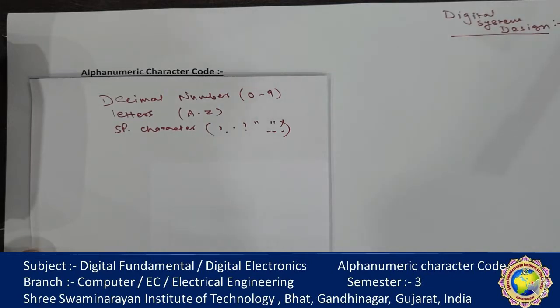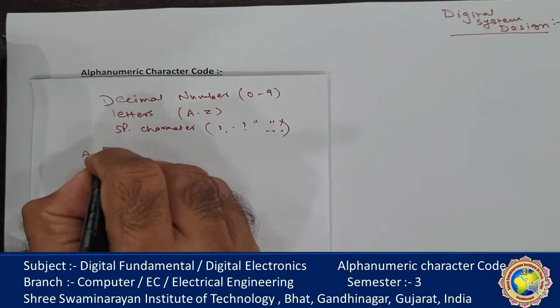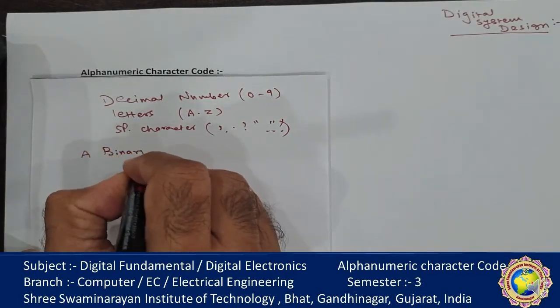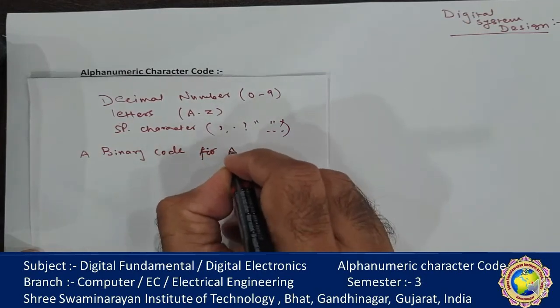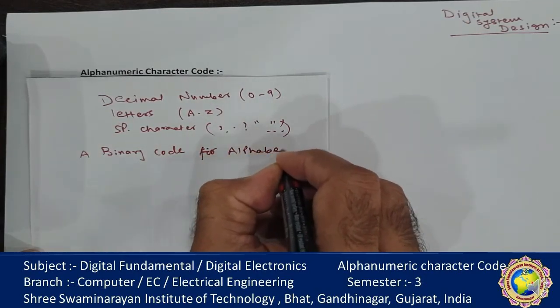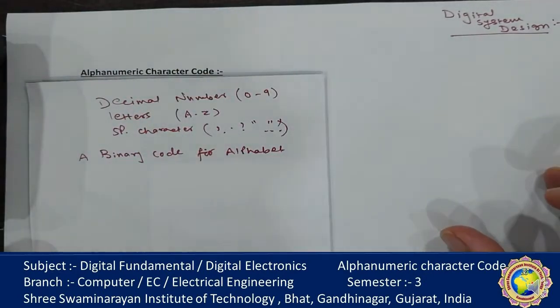To maintain the product name and product description in binary format, it is necessary to have a binary code for the alphabet. So it is known as an alphanumeric character code.